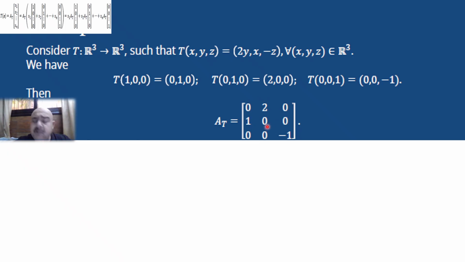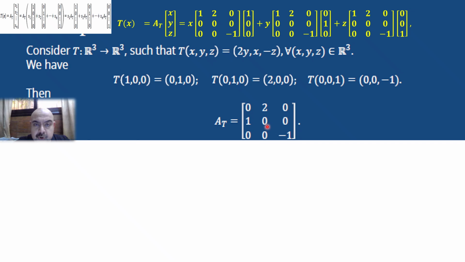Now I have it, and of course we had a couple of examples in the previous lecture. We can express any linear transform mainly as the linear transformation matrix times x, y, and z. That's the input.